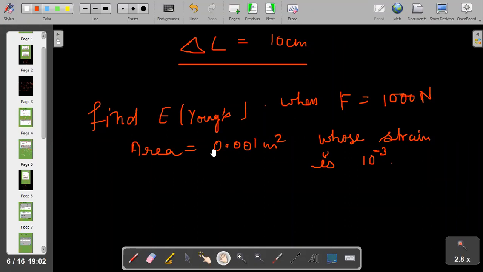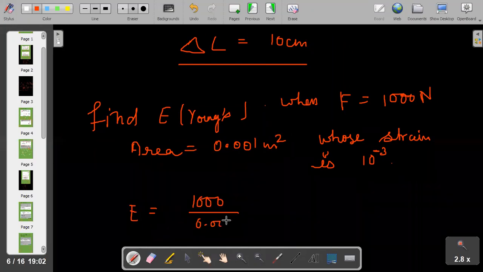So 1000 will come. Let's see. Force is given as 1000, area is given as 0.001, and strain is 10 to the power minus 3. So I think it is 10 to the power 9.